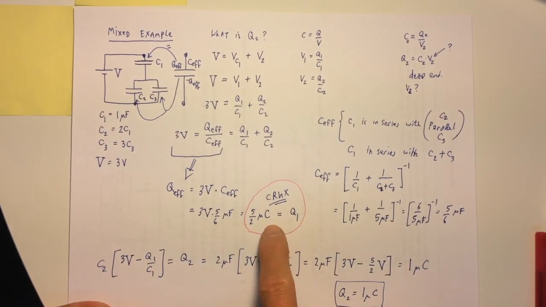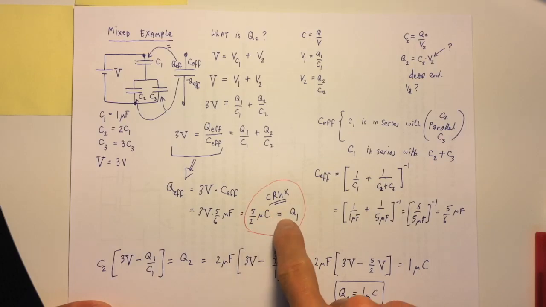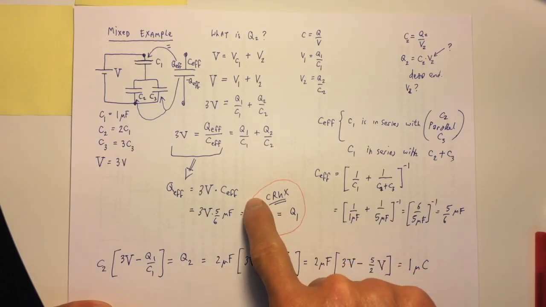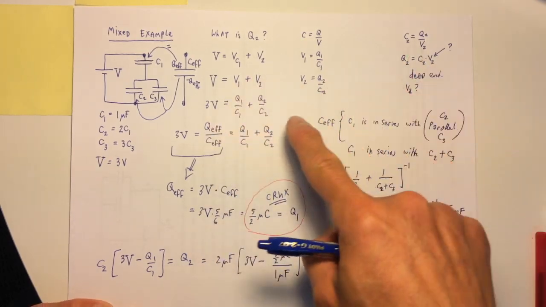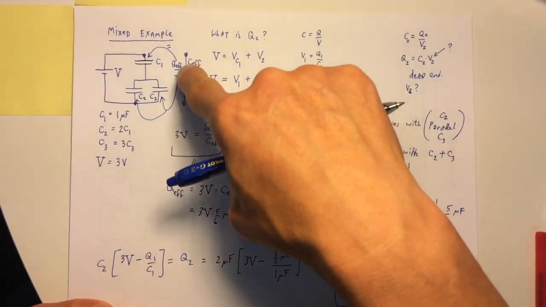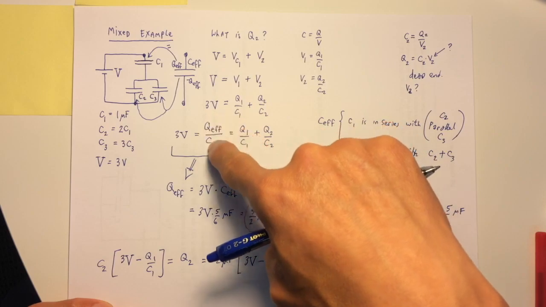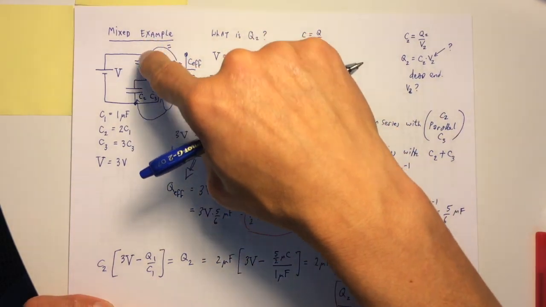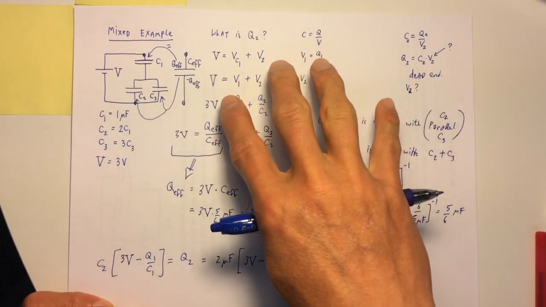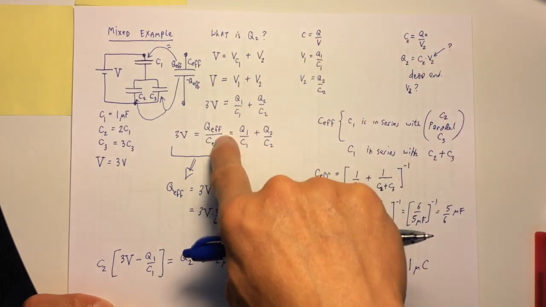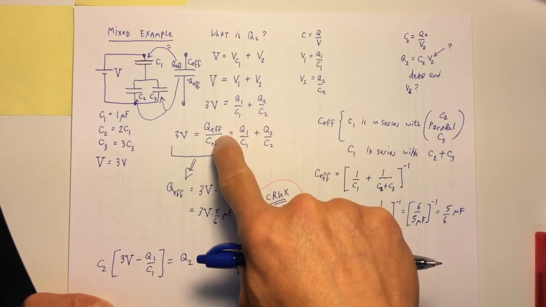I had to make a judgment call, though, that was the crux. I wandered around for a little while. I was meeting dead ends. I was trying not to think of the capacitor network in this effective way. I was trying to think of individual capacitances, but I wasn't making any traction. So I'm like, what the hell? Let me bring up the effective capacitance.